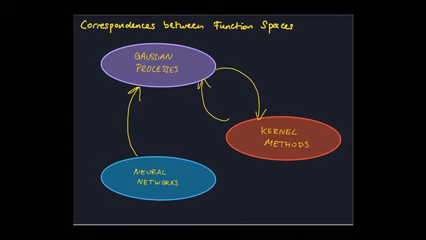It's when the network is infinitely wide. You take the width of all the hidden layers and make them infinitely wide, and then you randomly sample the weights. You can think of that as just reinitializing your network over and over, and it keeps giving you random functions. If the network is infinitely wide, this distribution turns out to be equivalent to something called a Gaussian process.